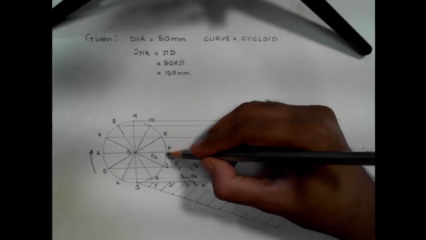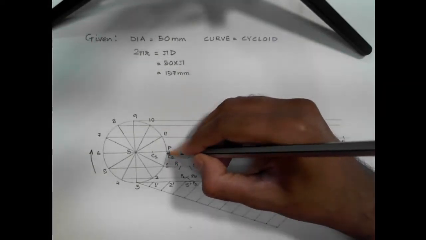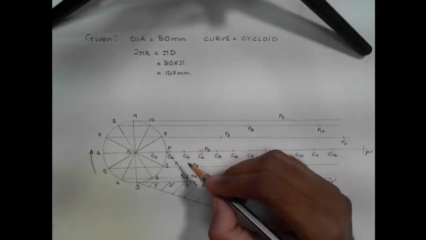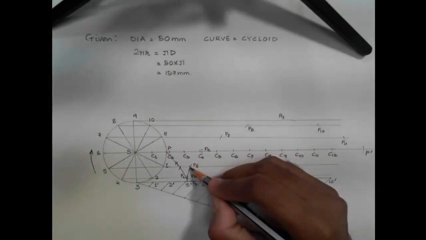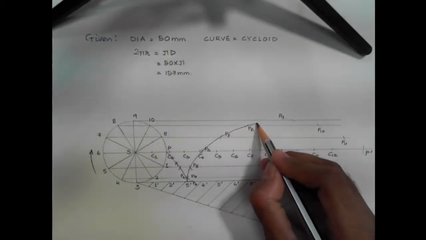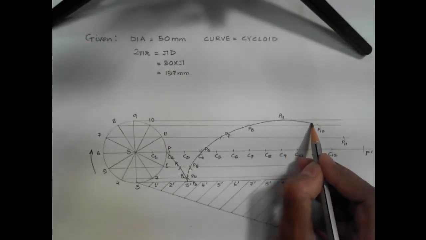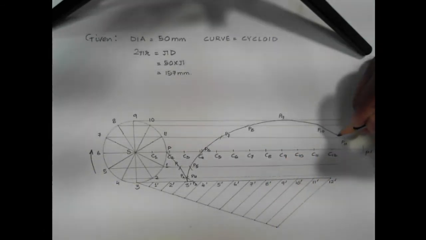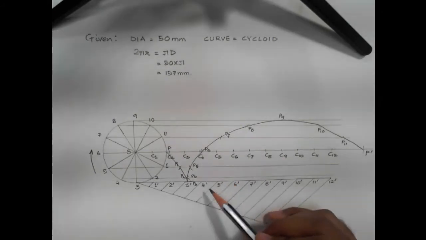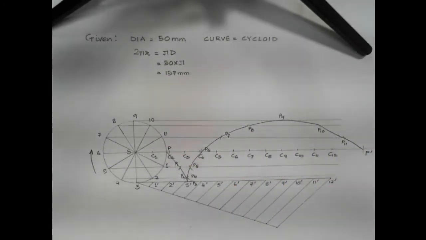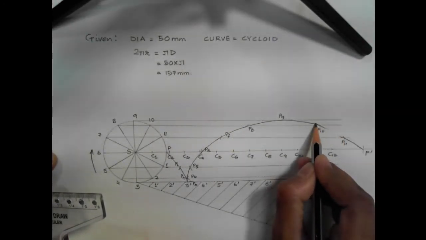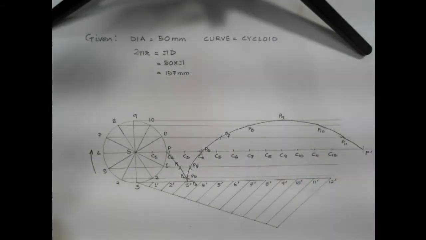So I will start from the point P, go to P1, P2, P3, then go up P4, P5, P6, P7, P8, and somewhere here P9, then P10, P11, and P dash finally. So somewhere this kind of curve you'll be getting. It's a smooth curve. You can correct this a little because it has come out as a straight line. Now this kind of curve you'll be getting.